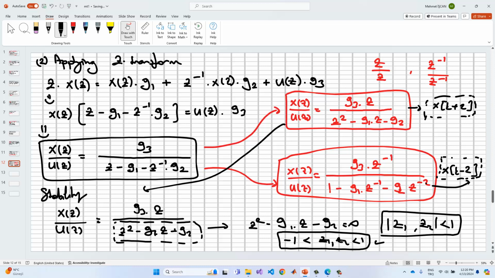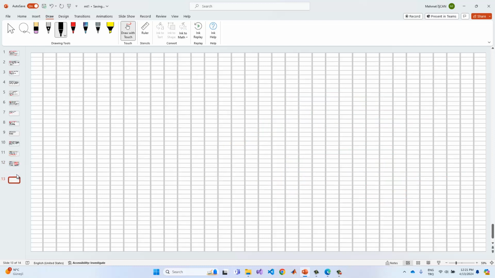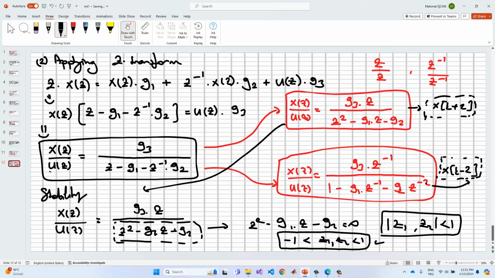Okay, we can say that this system is stable if this condition is satisfied. Okay, so this is the second order system implementation of the equation, and so the problem solving session is ended right now.